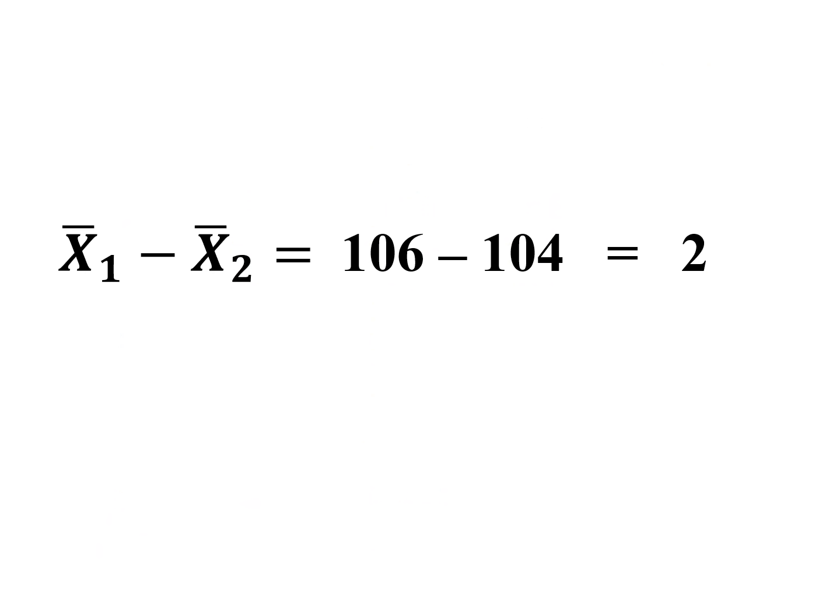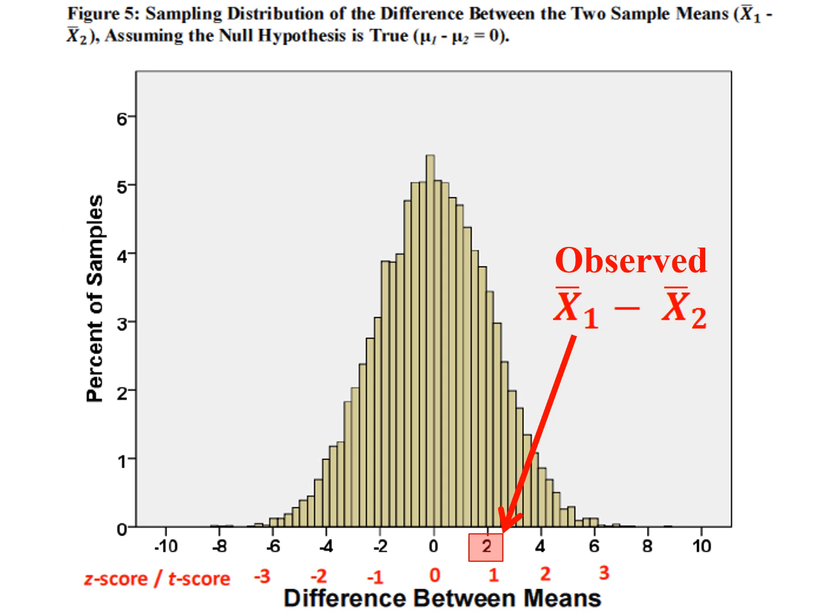As you recall, in step 2, we calculated the observed difference between the means in our study, and we got 2. So here is where the observed difference between the means falls in relationship to all the other differences between means for all 10,000 paired samples.